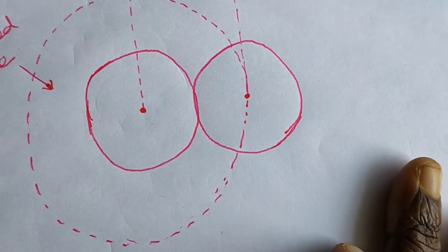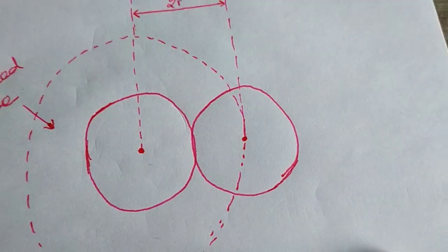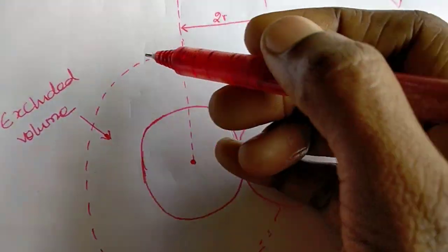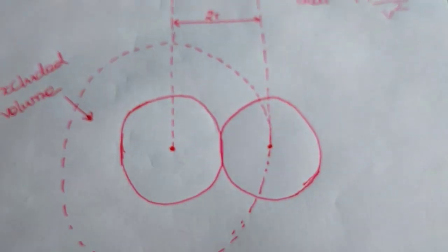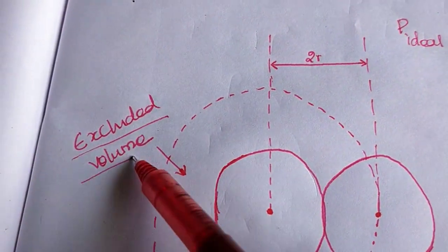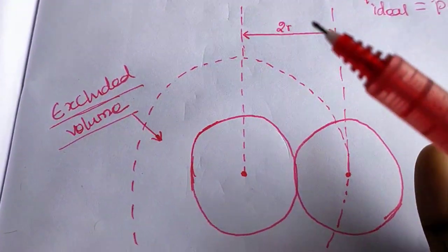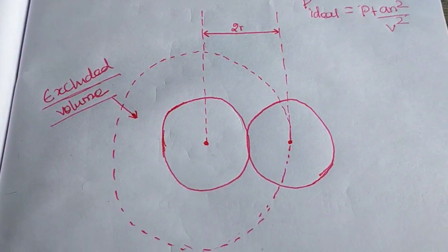We know there are two molecules in the space, and the volume that is not available is considered here as the excluded volume. This excluded volume is also considered as a sphere.